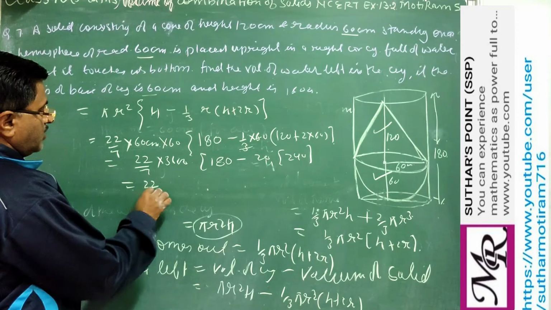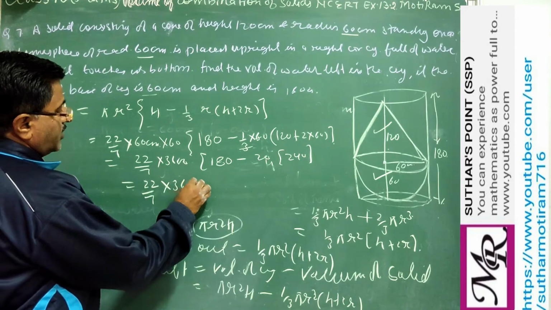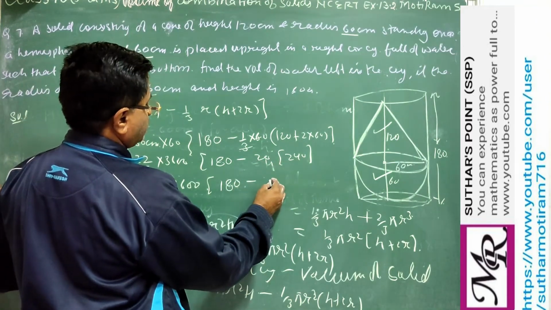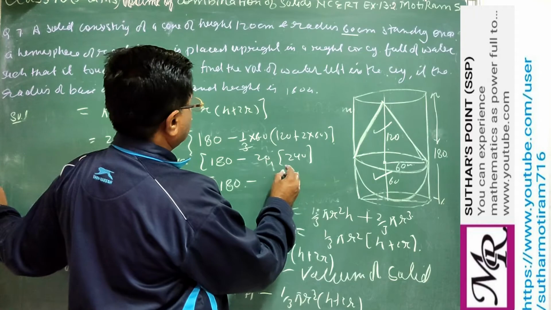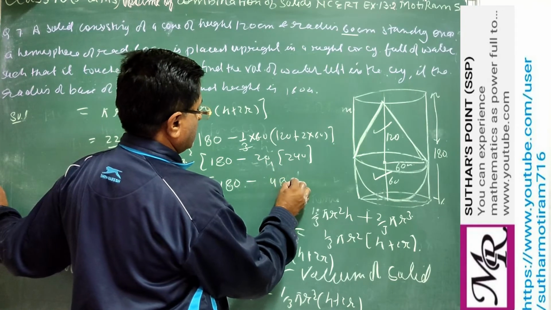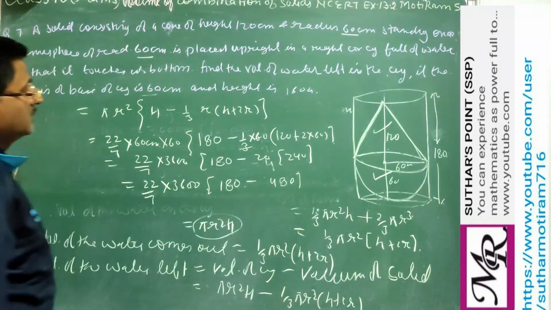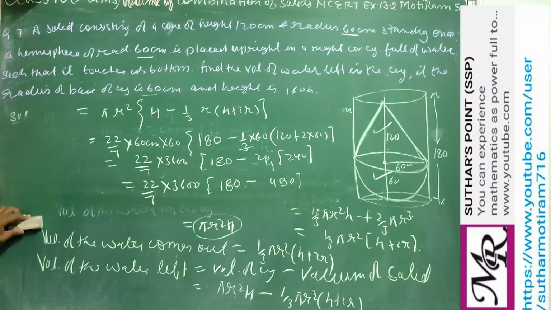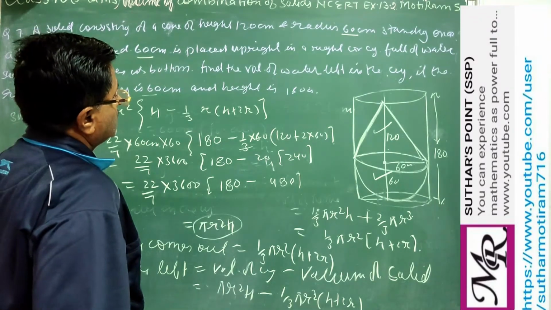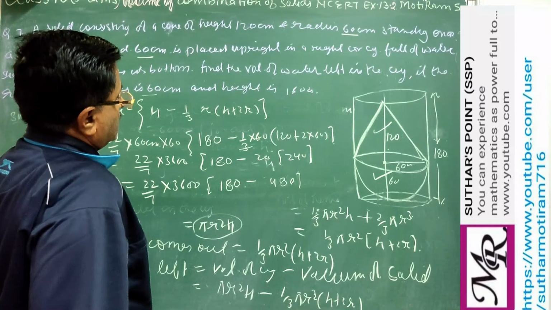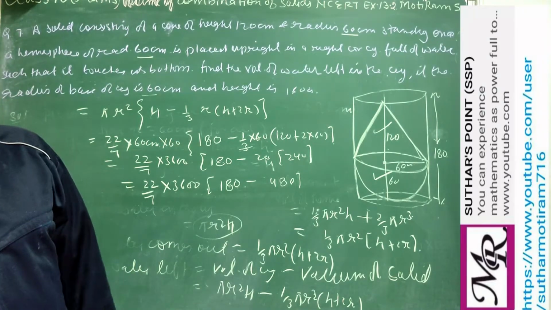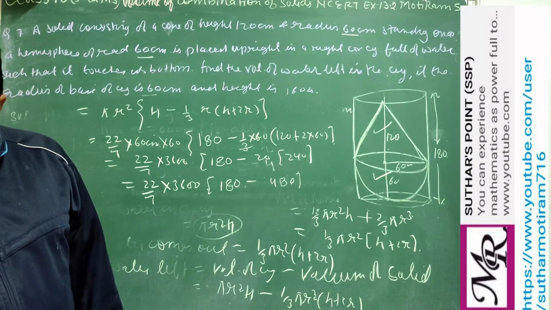So 22 by 7 into 3600, 180 minus this multiplied by 2. Finally, if you simplify this, the total will be 80.